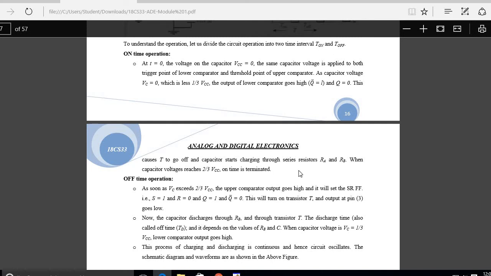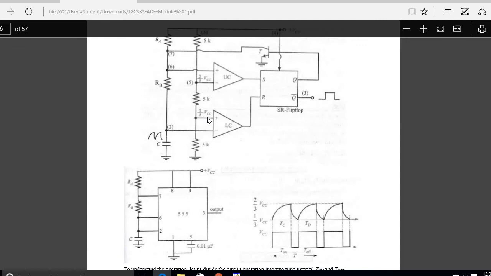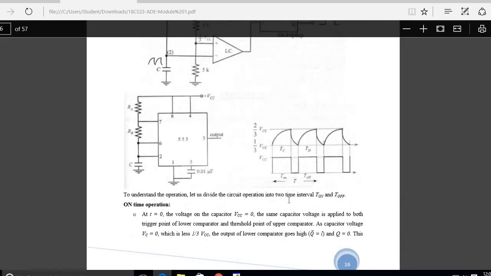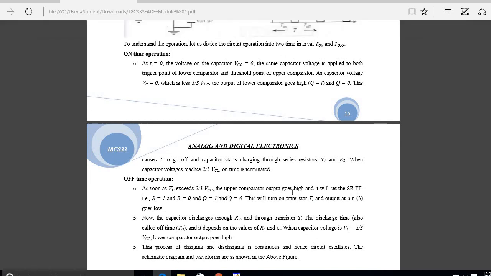In the off time operation, as soon as VC starts exceeding 2/3 VCC, what will happen? Initially VC is lesser than 1/3 VCC, then it charges to 1/3 VCC and reaches 2/3 VCC. Once it exceeds 2/3 VCC, the upper comparator output goes high and it sets the SR flip-flop.